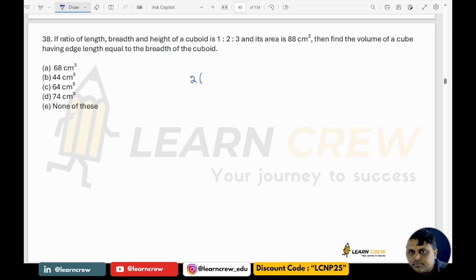So 2 into LB, 1x into 2x, 2x square, 2x into 3x, 6x square, 3x into x, 3x square. 2 into LB plus BH plus LH is 88. Thereby 2 plus 6, 8 plus 3, 11. 11 8s are 88. Okay, now 2x square is 8. You will get x as 2 here.